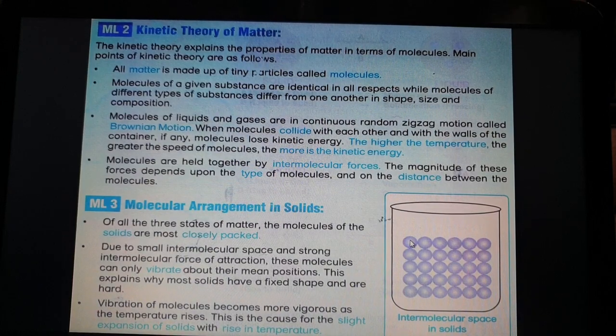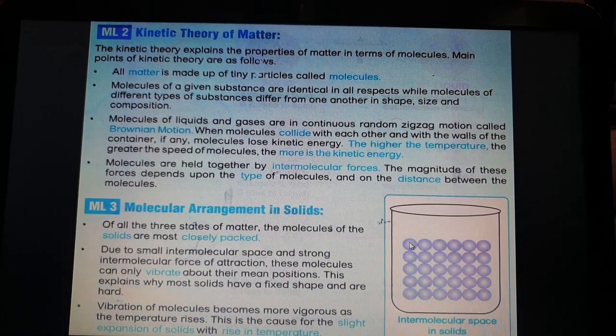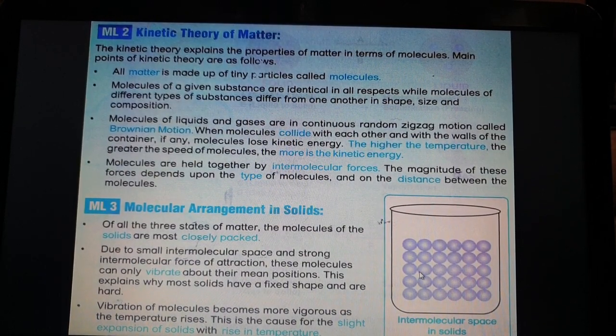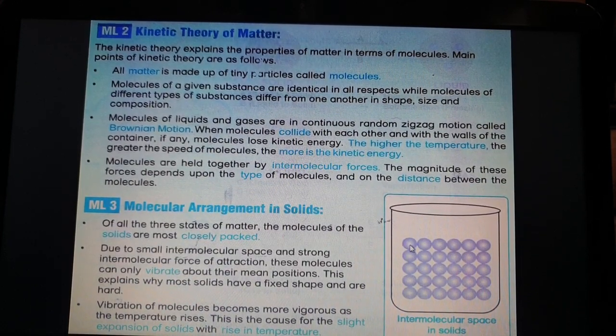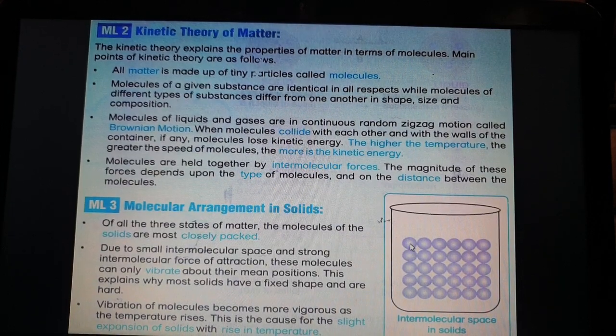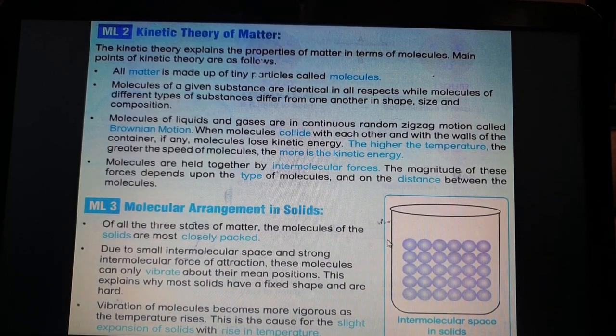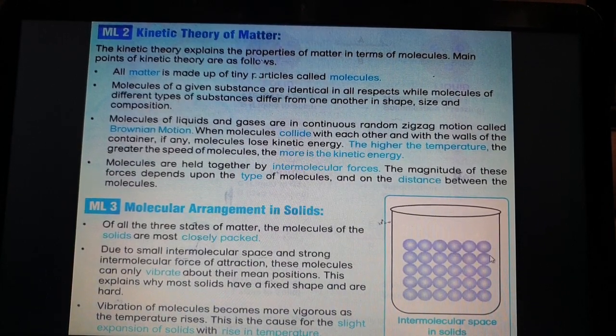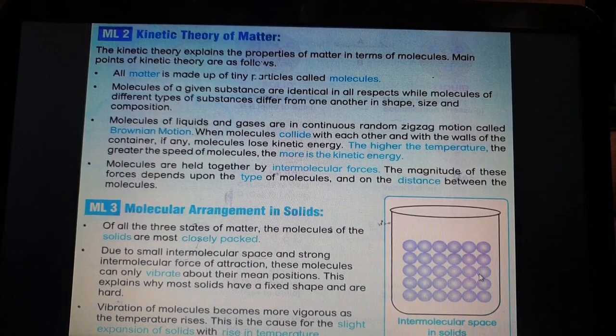That is, the moving molecules have high kinetic energy. Let me take one molecule as an example: it goes and collides with this wall, then with that wall. As it keeps on colliding, the speed of the molecules will increase and the kinetic energy is also increased.